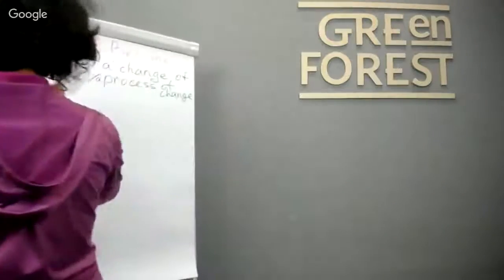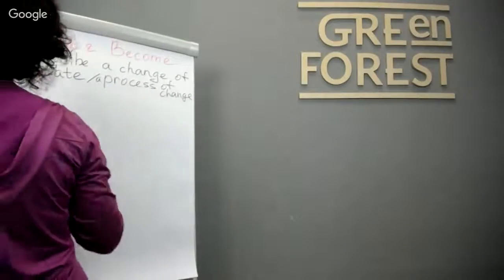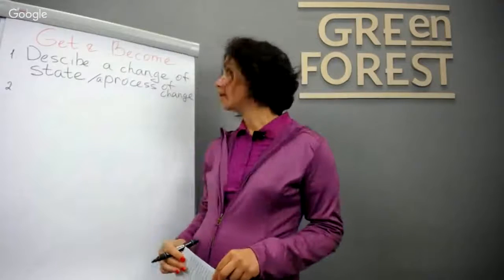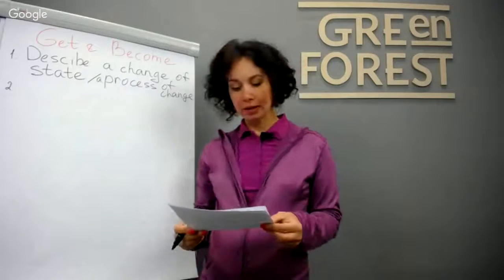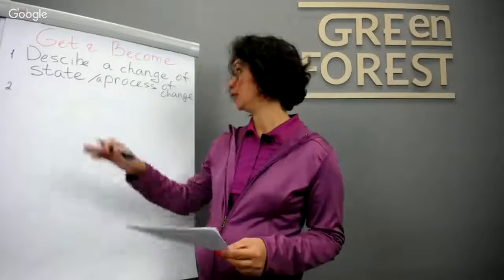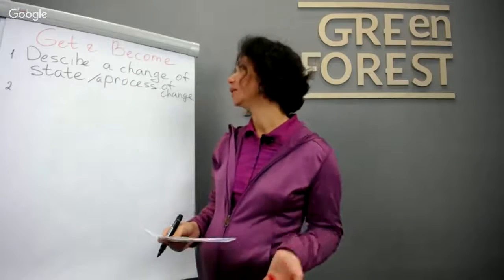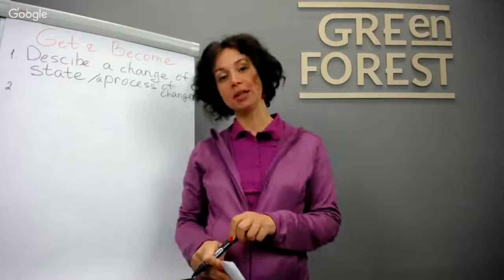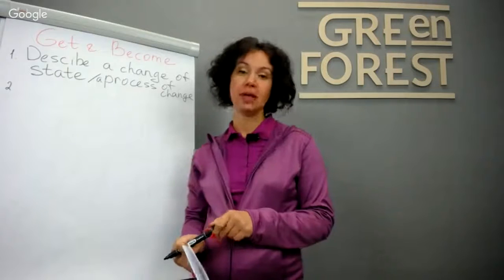The next rule which we use. Usually in this case, we use an adjective. I mean, in the first one, when we describe the change of state or the process of change, after become and get, we use adjectives.